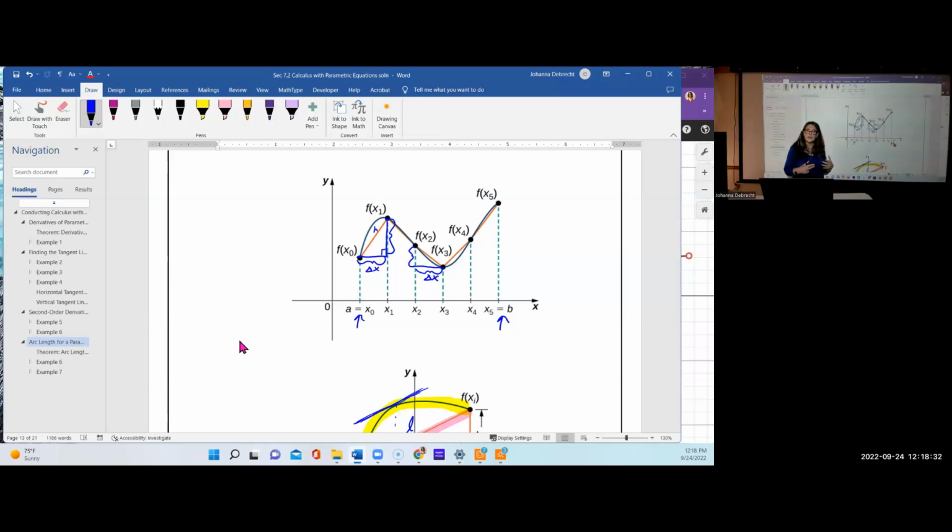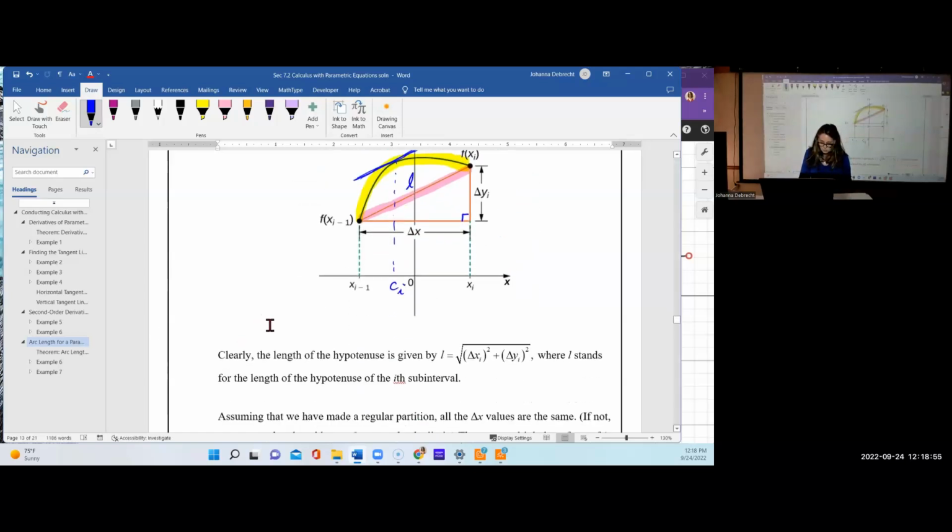Now, why does the f prime of c sub I become f prime of x? As these intervals get smaller and smaller, the value of c sub I starts to approach the value of the left endpoint, which is x. And so it just becomes f prime of x.